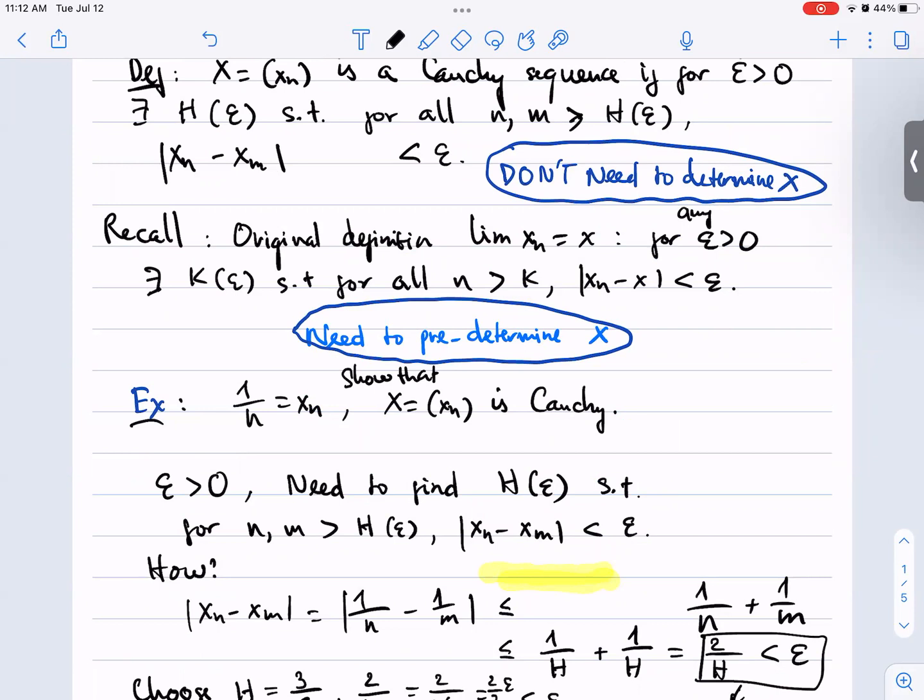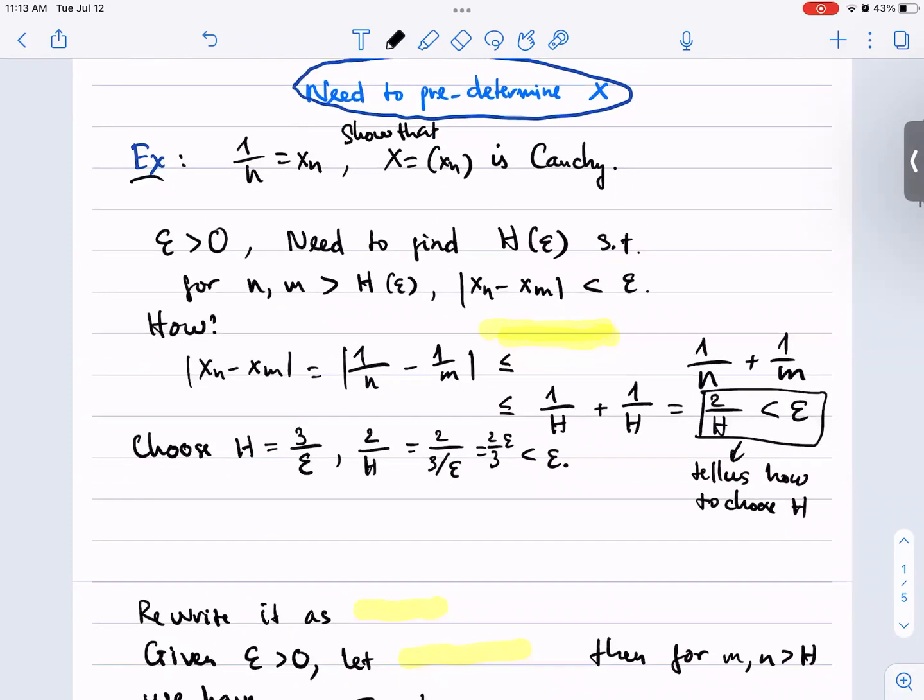So in this original definition, we need to predetermine the value of x. But for the Cauchy sequence, we don't. We only need to show that after h, all elements in the sequence are pretty close to each other.